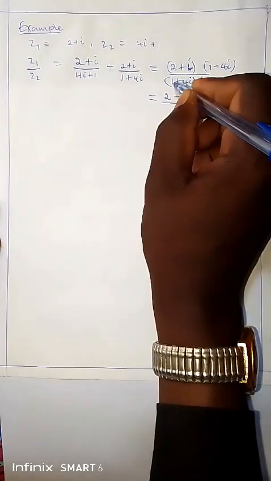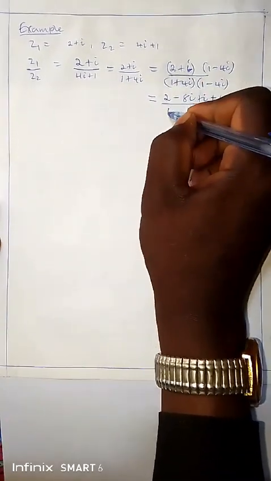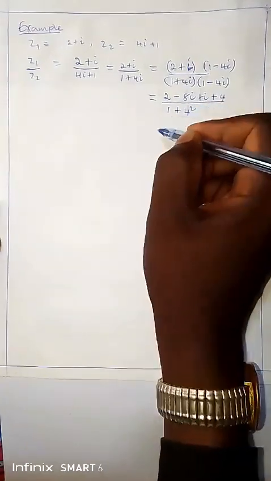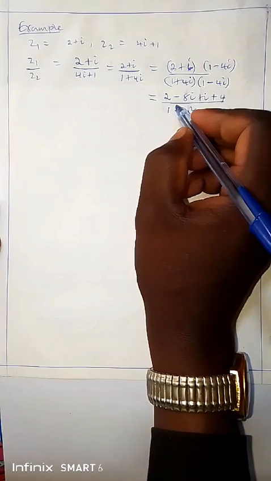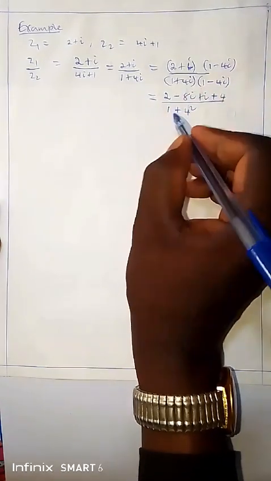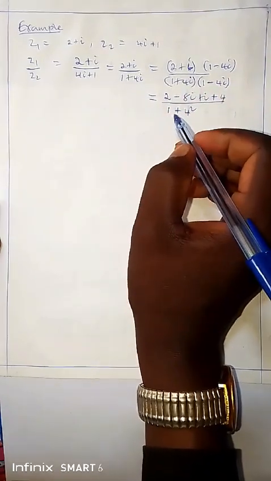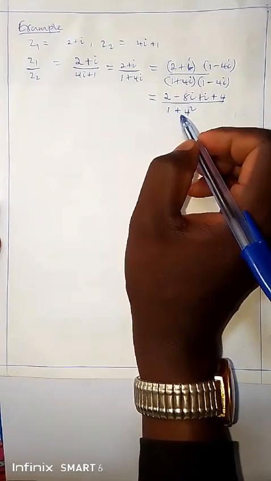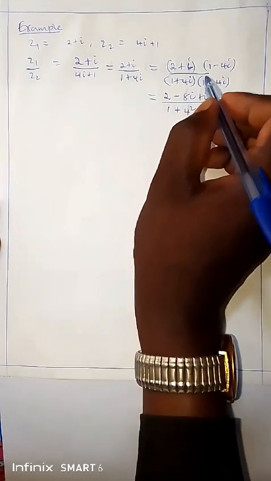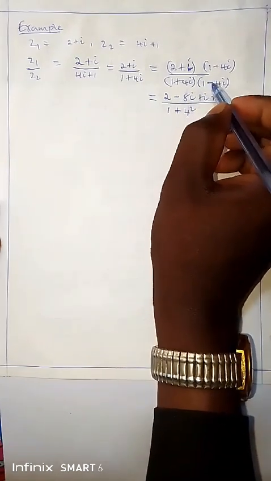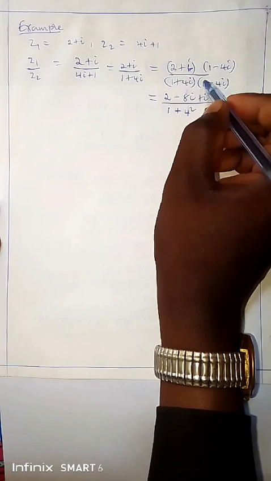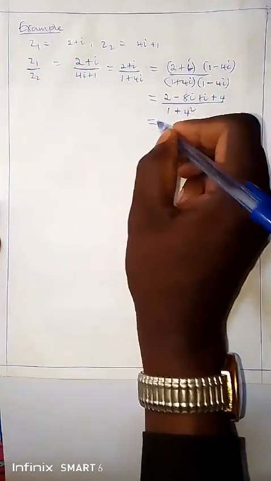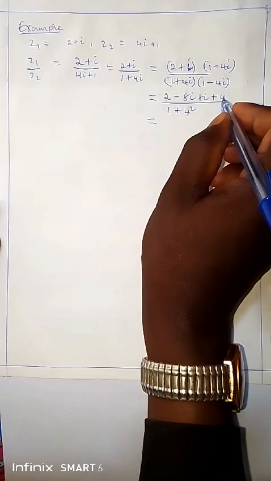So in this case, we are having the difference of two squares, that is 1 squared minus 4i squared, which gives 1 plus 4 squared, according to what we said last time. If you are finding challenge with this, try to review the previous lesson where we looked at division and saw how the plus comes and how the minus comes, because this is the difference of two squares.